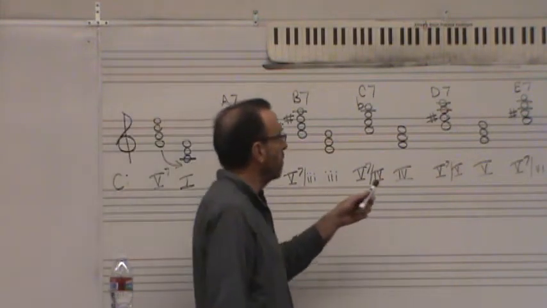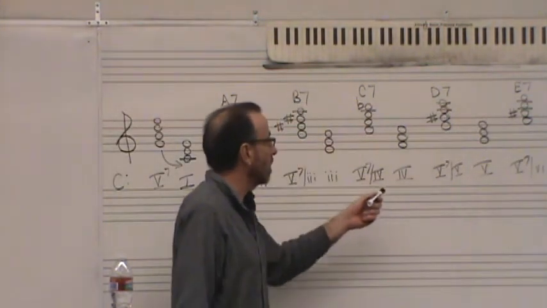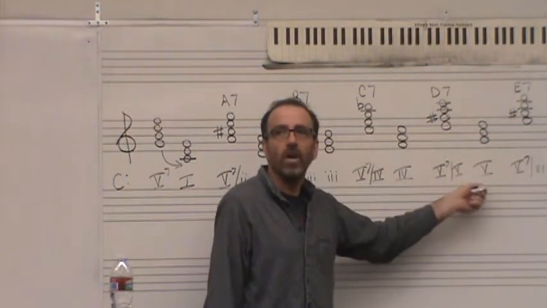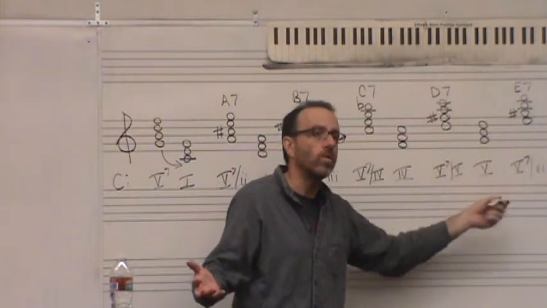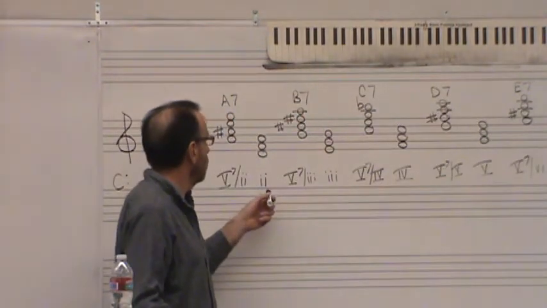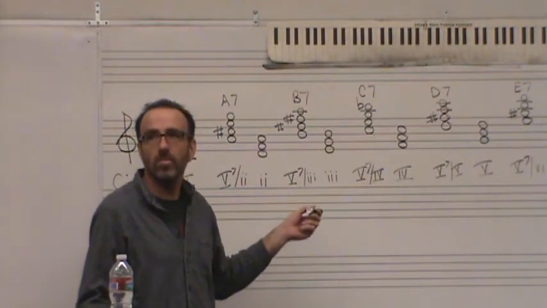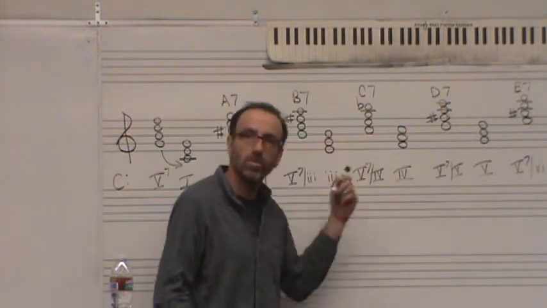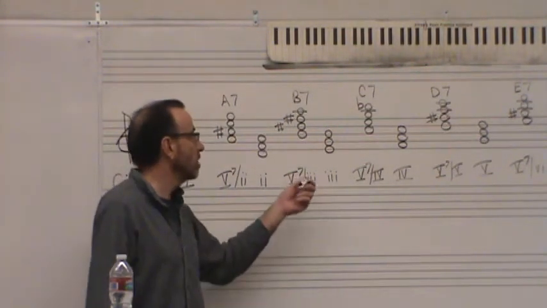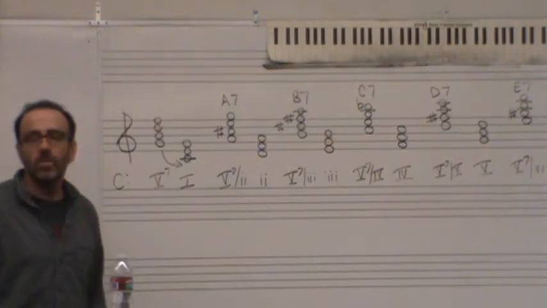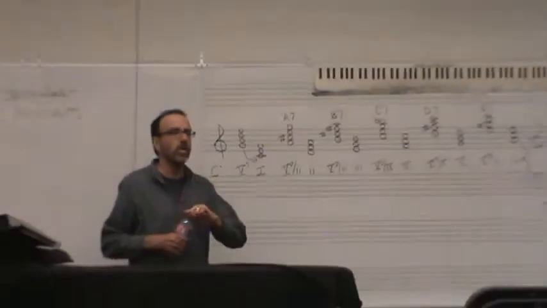So you'll see 5 of 5 more often than anything else, because 5 is the most important chord before 1, right? And then you'll see 5 of 2 more often than anything else, because 2 goes to 5 goes to 1. And you'll see 5 of 6 less often, and 5 of 3 hardly ever, because you're just not going to tonicize the 3 chord that much.